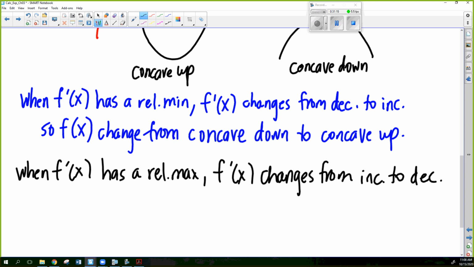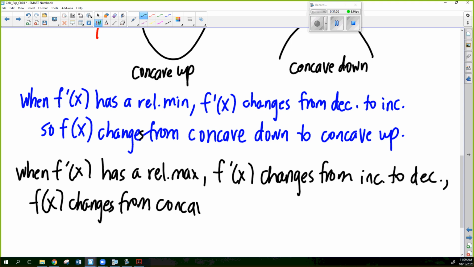What's happening on the original? f of x would have to change from concave up to concave down. All right, so I've covered all of that.